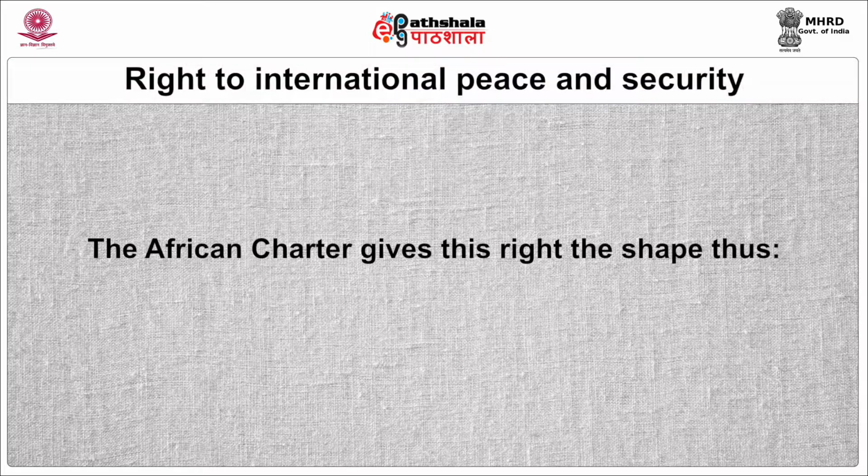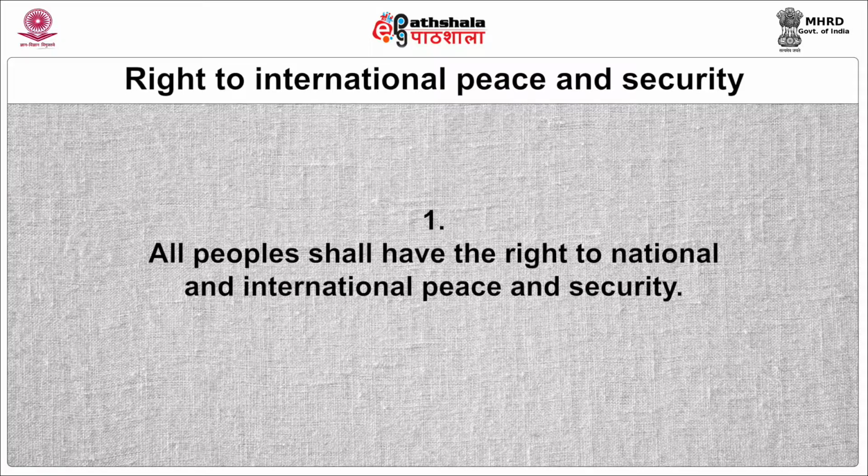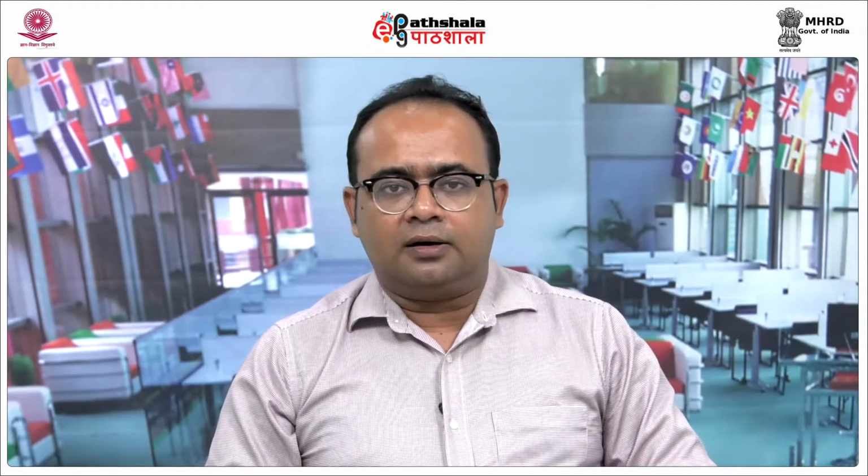The African Charter gives this right the shape thus: All peoples shall have the right to national and international peace and security. The principles of solidarity and friendly relations implicitly affirmed by the Charter of the United Nations and reaffirmed by that of the Organization of African Unity shall govern relations between states.